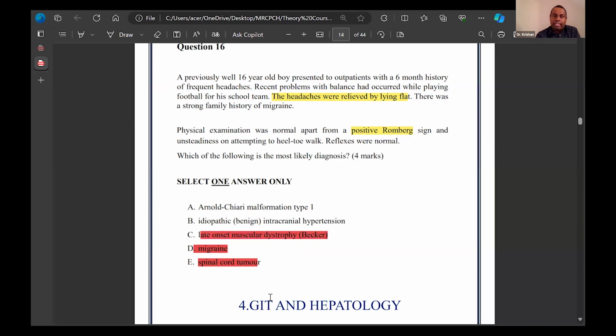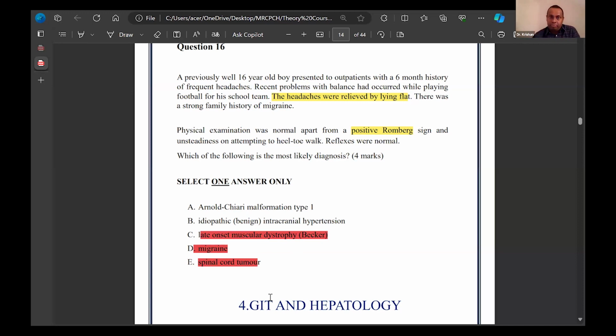Then what is the possibility? Is it idiopathic or benign intracranial hypertension, or Arnold-Chiari malformation? Arnold-Chiari malformation is a defect in neural tube formation, so there could be associated hydrocephalus and CSF leak.